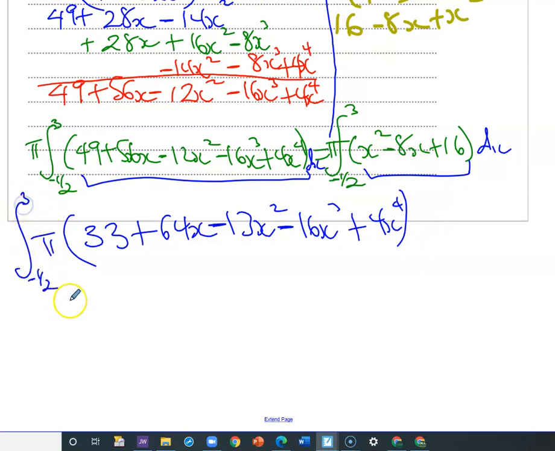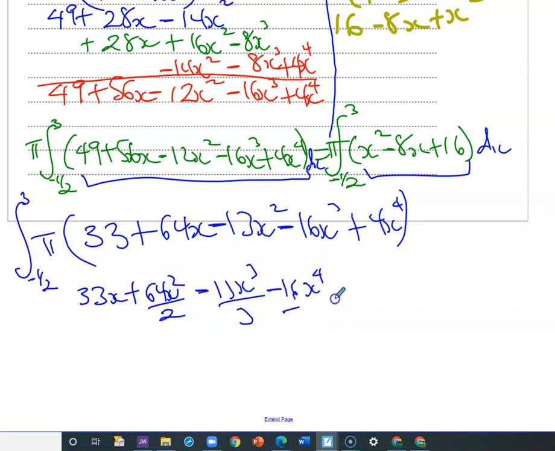All right, so what do we get when we integrate this one? You should be getting 33x add 64x squared over 2 minus 13x cubed over 3 minus 16x to the power 4 over 4 add 4x to the power 5 over 5, to the limits of -1/2 and 3.